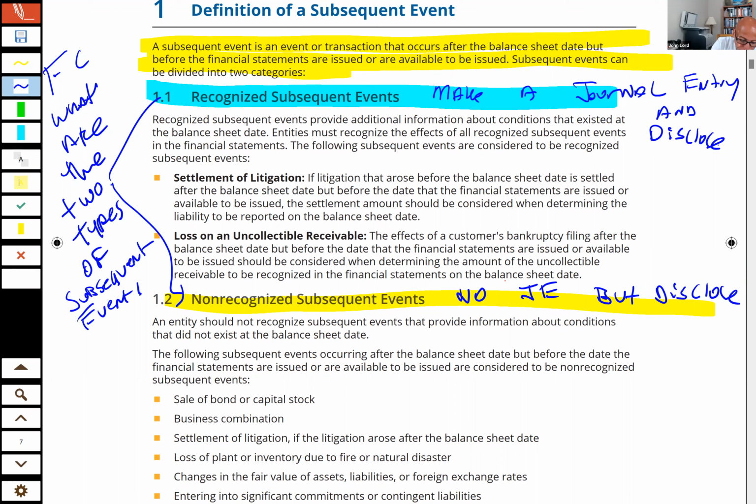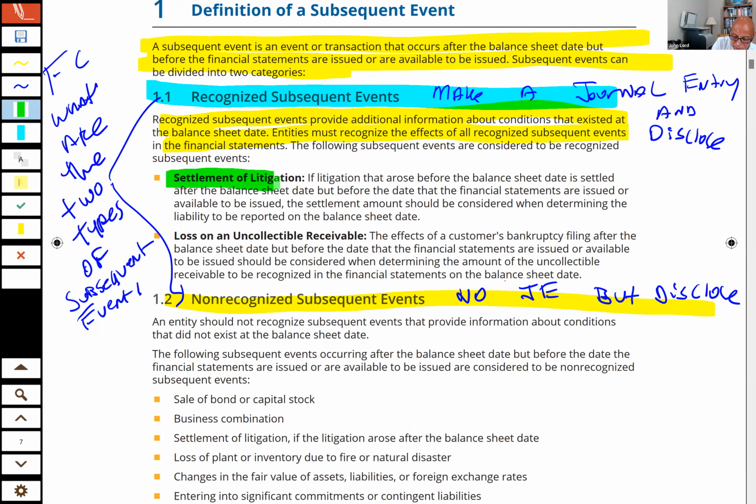Okay. Now, let's just take a look at what they tell us here in the text. Recognized subsequent events provide additional information about conditions that existed at the balance sheet date. Entities must recognize the effects of all recognized subsequent events in the financial statements. In other words, what? Make a journal entry. Now they give us some examples here.